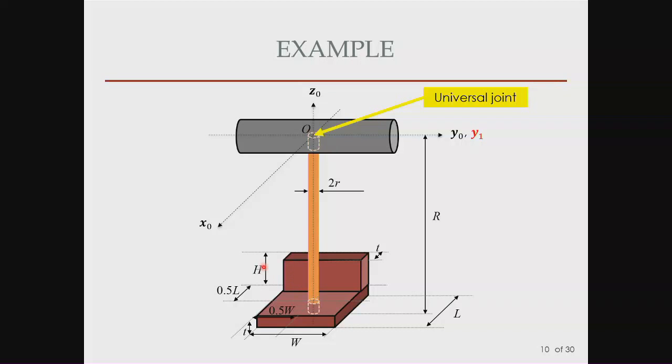Let's say you have two parts here. This part, that goes from O until the bottom of the swing, let's say this is a metallic part. And the rest, which is in red here, let's say this is a wooden part. So they have different rho.